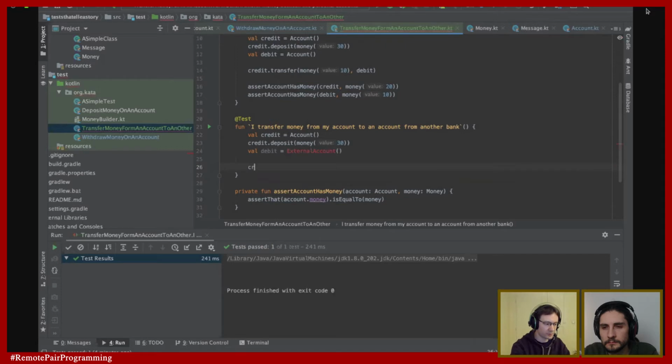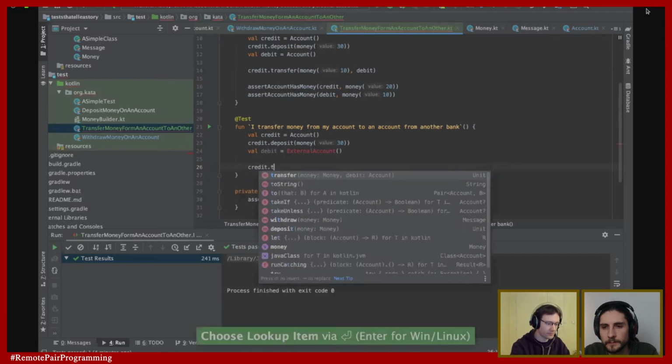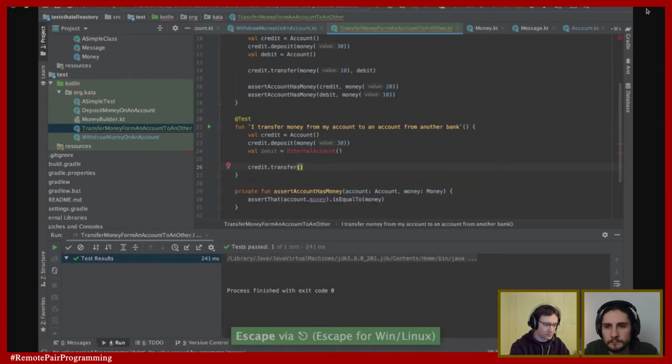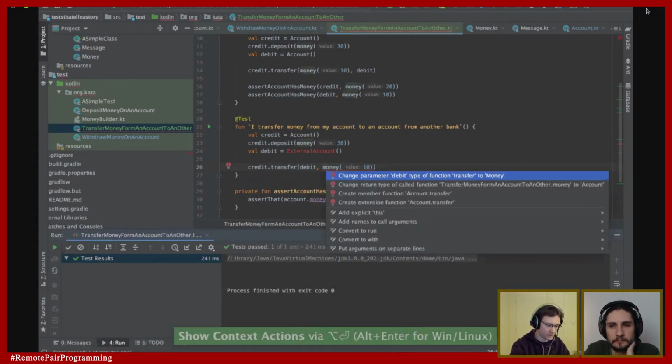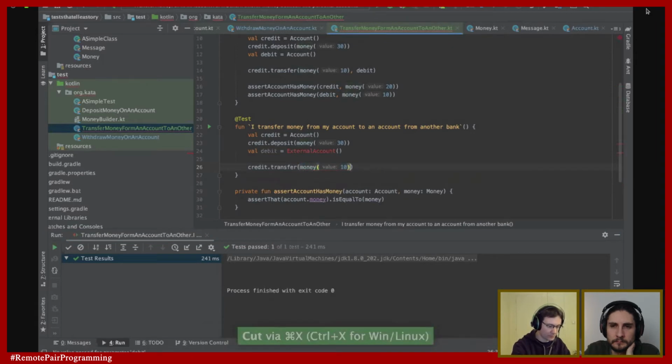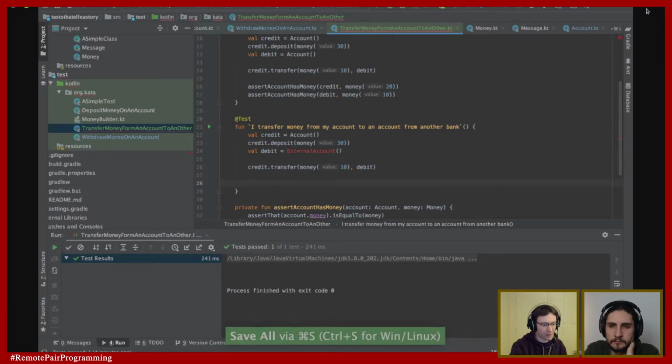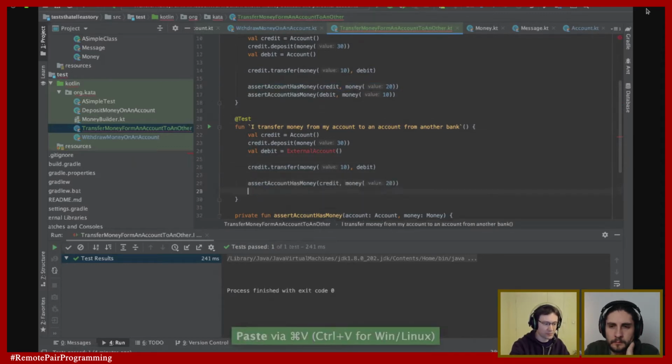And we want to do the transfer. That would be something like this. And we would like to check that we still have 20 on our account. Yes.